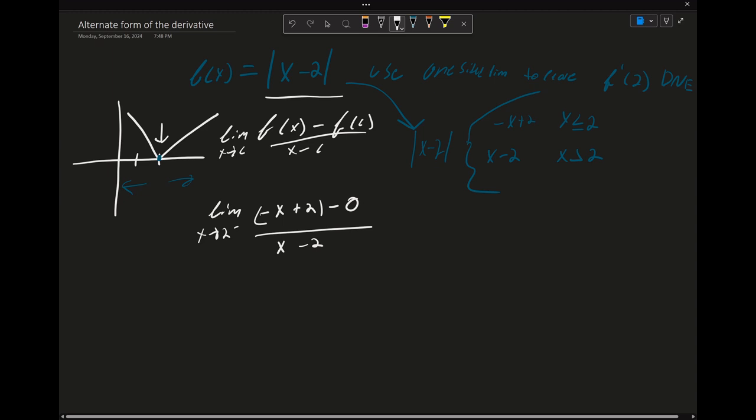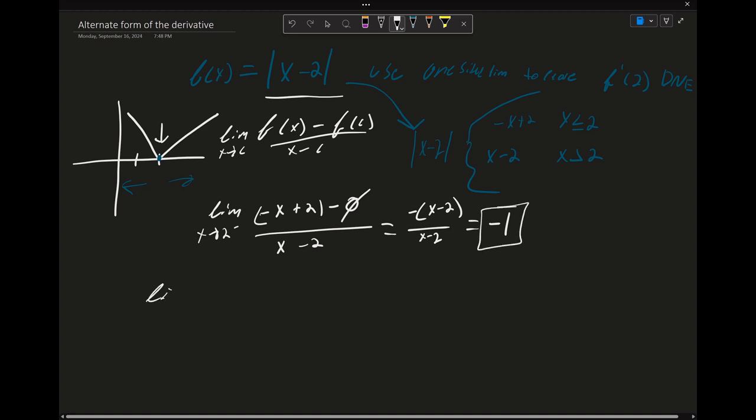So we get negative x plus 2 over x minus 2, because this 0 doesn't mean anything. So we can split this as negative of x minus 2 over x minus 2, so we get negative 1 for this limit. So this is the limit from the left right here, negative 1.